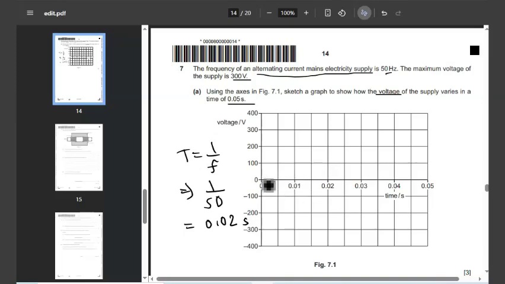So at time 0, the voltage will be 0, and the entire cycle will be completed by 0.02 seconds, and the maximum will be 300. So therefore the peak will be right over here, and another peak will be minus 300. Okay. So the graph should look like this.